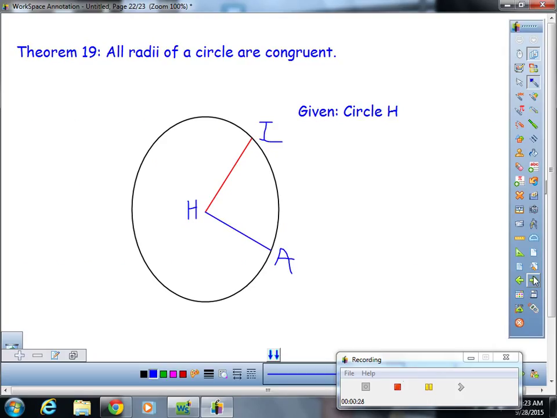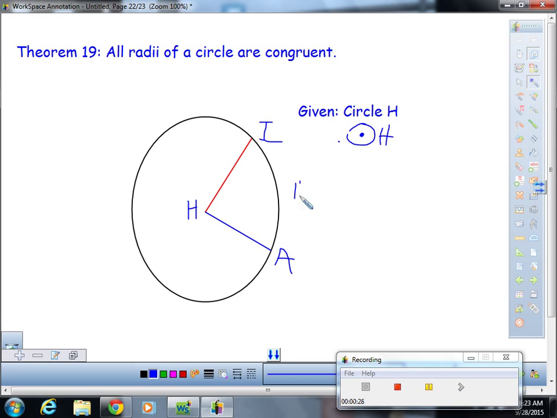There's another new theorem here, and that says that within a circle, all radii are congruent to each other. So you are given that this is circle H. Sometimes it'll say given circle, actually it'll look like this. That means that H is the center of the circle. Now we know that HI and HA are radii because H is the center.